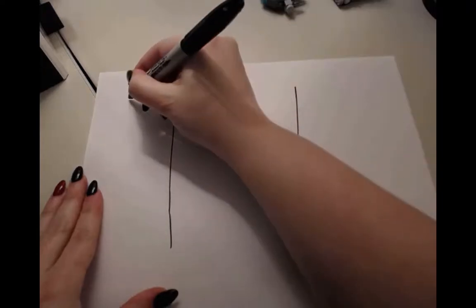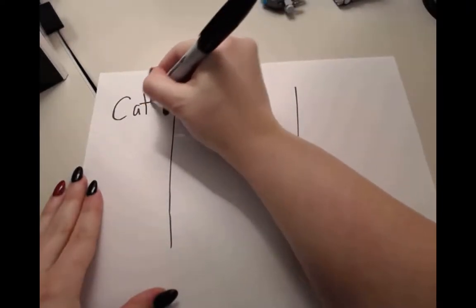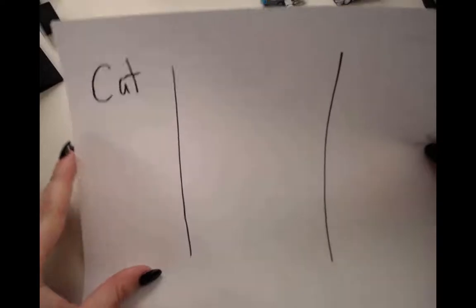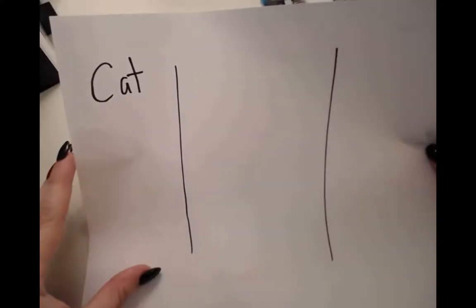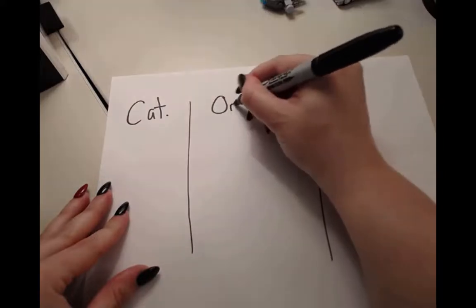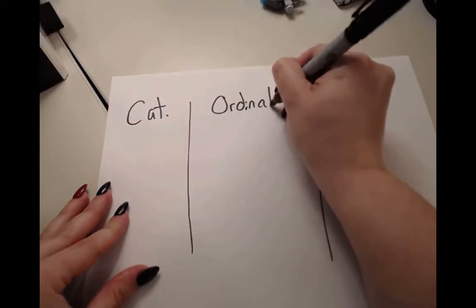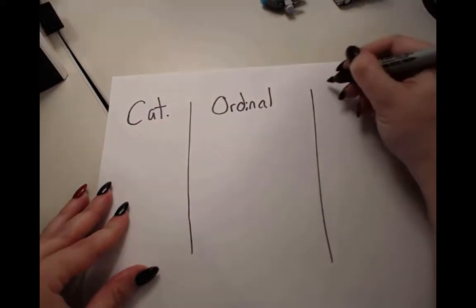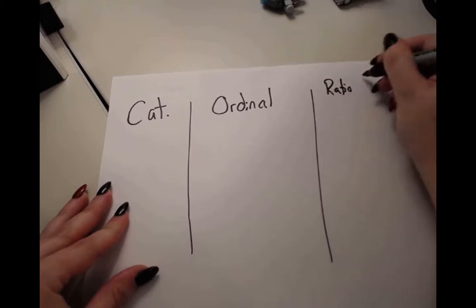Okay, so for scales of measurement, there are 4 kinds. There is categorical. And categorical literally means categories. There is ordinal, which is about a ranked order. And then there's ratio and interval.